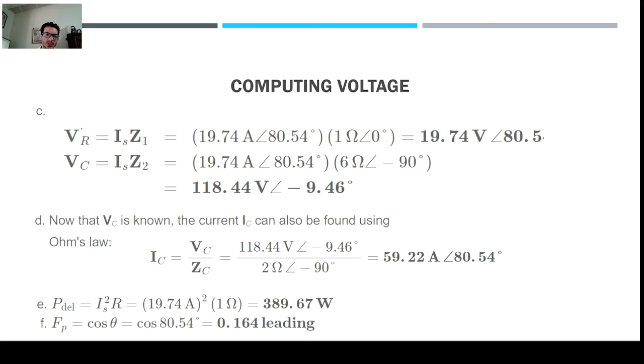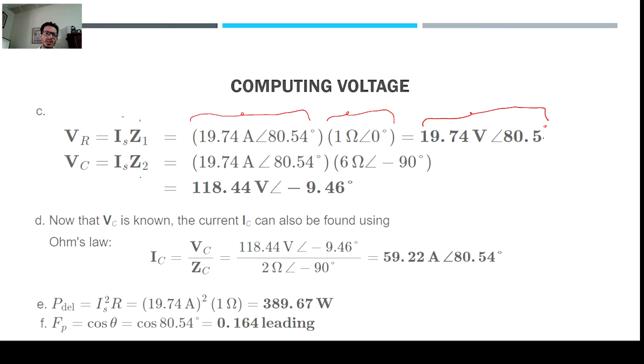So voltage through the resistor is the total current times the impedance of the resistor. The total current we just computed, and the impedance of the resistor is given, and then we multiply both numbers to get the voltage drop through the resistor to be 19.74 at a phase shift of 80.5 degrees.